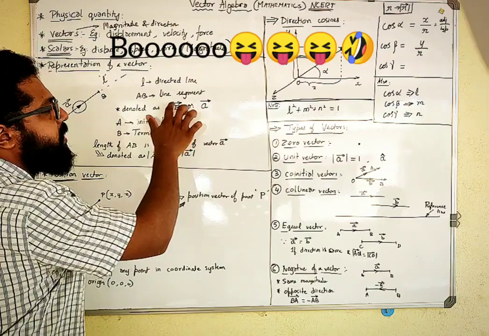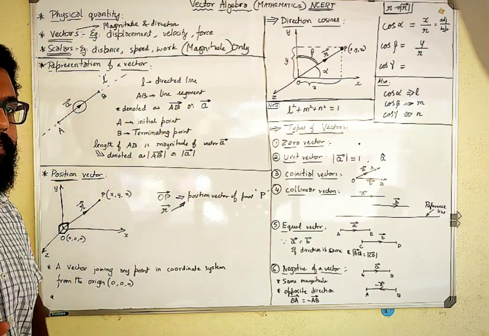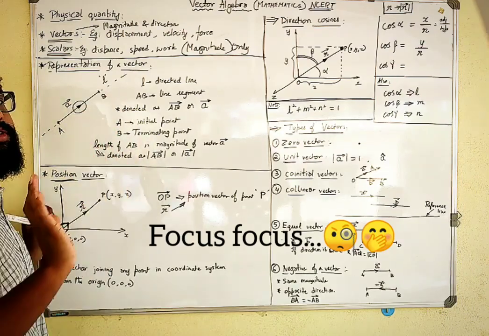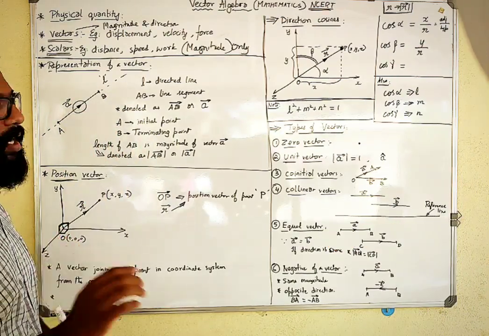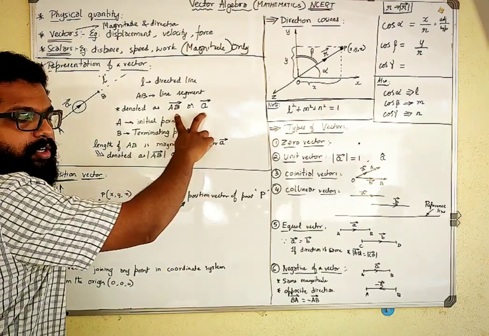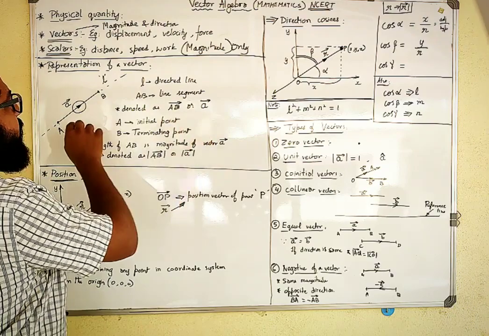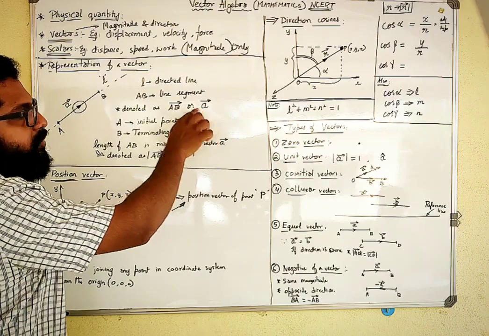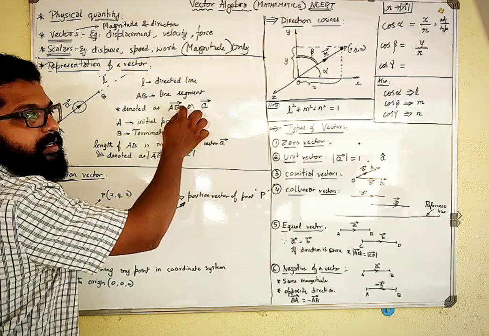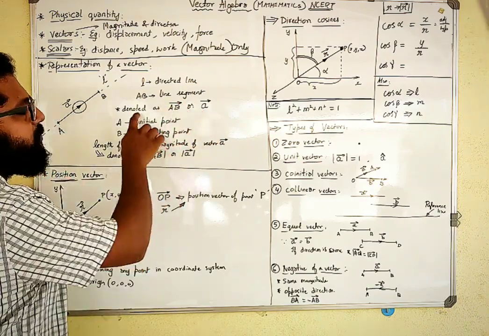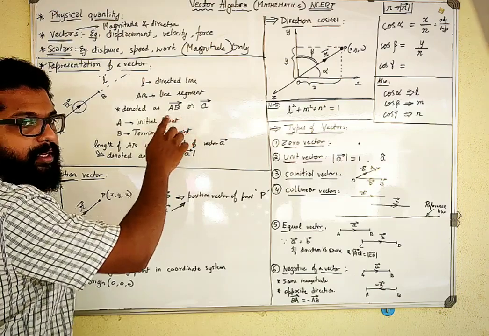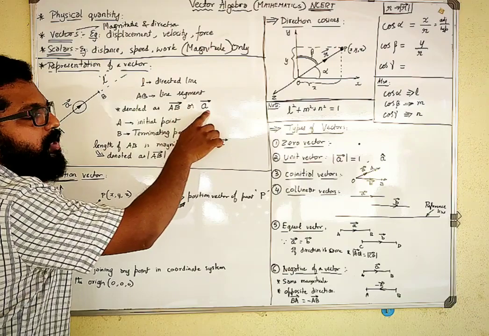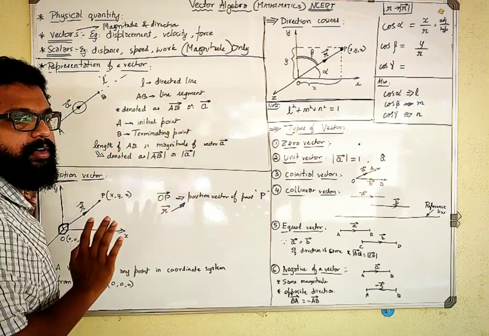The arrow above the letters has nothing to do with the direction of the vector; only the arrow mark on the line does. It is just to denote that it is a vector. It can be denoted as the AB vector or the a vector. This arrow above the letter means a vector, so when I read this as AB, you will not read it as AB arrow. You will read it as AB vector or a vector.